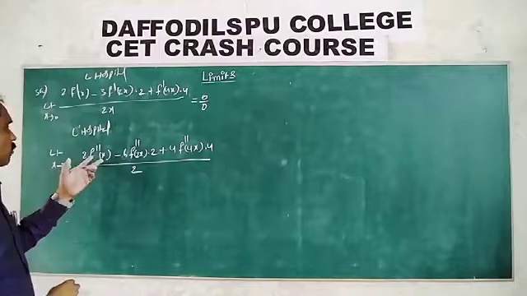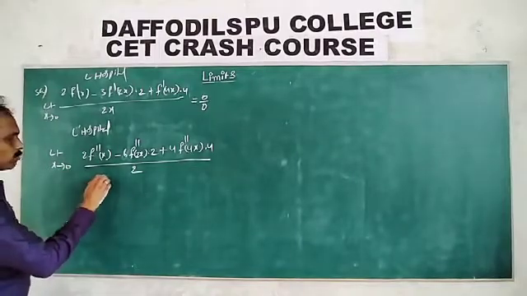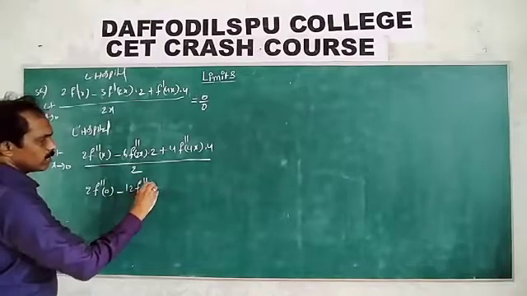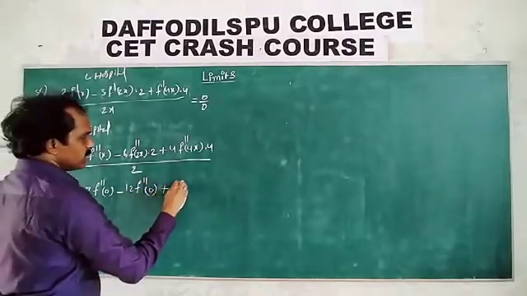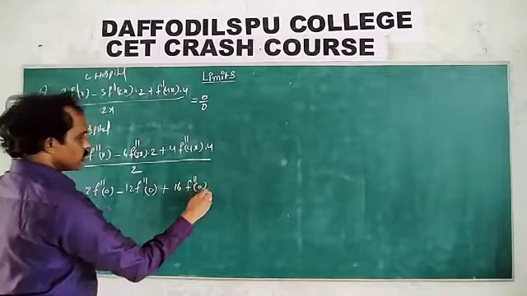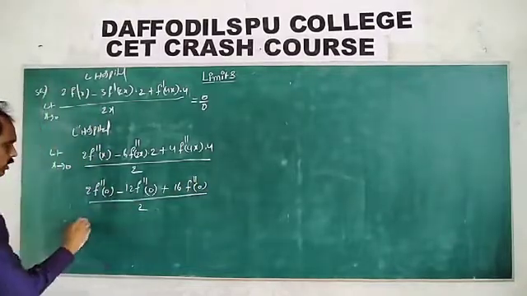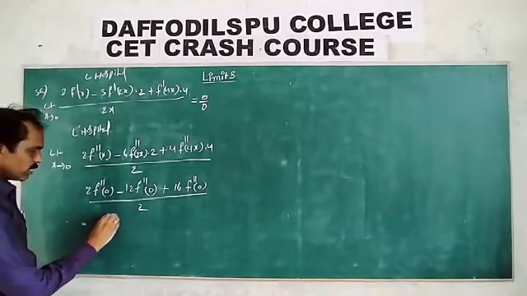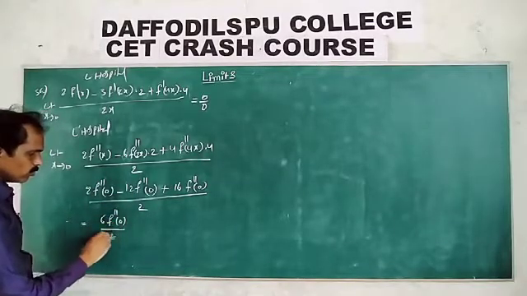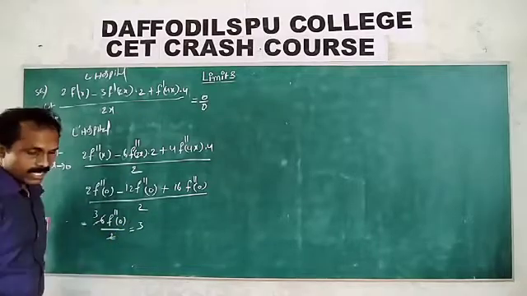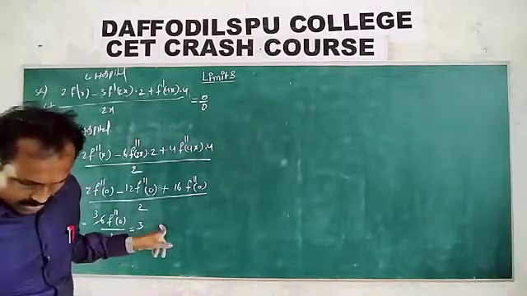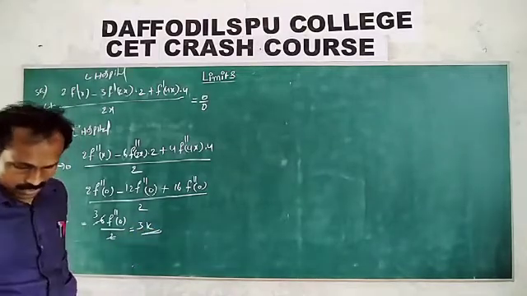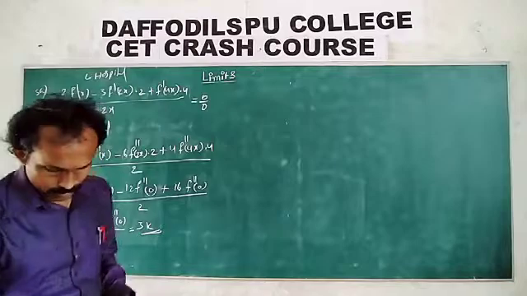Now substitute f double dash 0: 2 times f double dash 0 minus 12 times f double dash 0 plus 16 times f double dash 0, divided by 2. So that is equal to how much? 16 plus 2 is 18, minus 12, 6 f double dash 0 divided by 2, which is 3 times the given value of f double dash, k. So therefore 3k is the answer, third option.